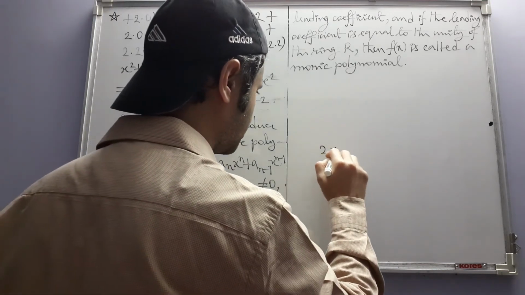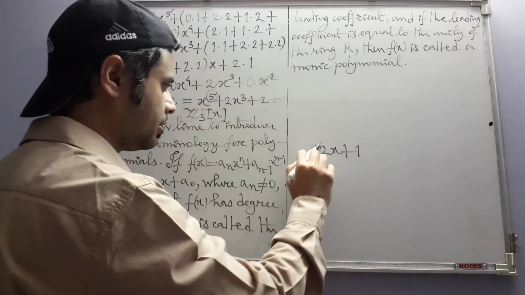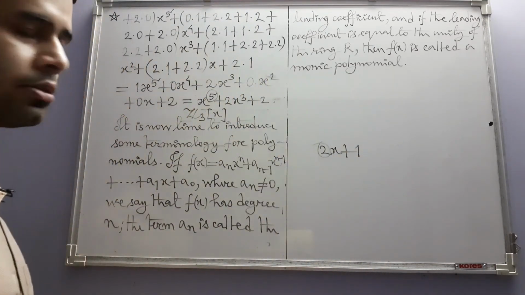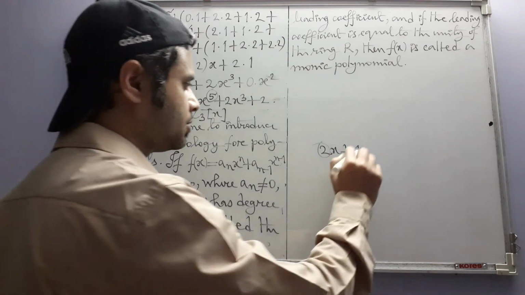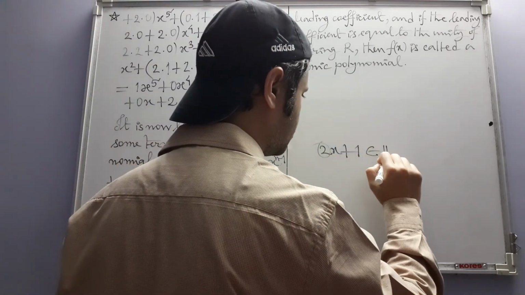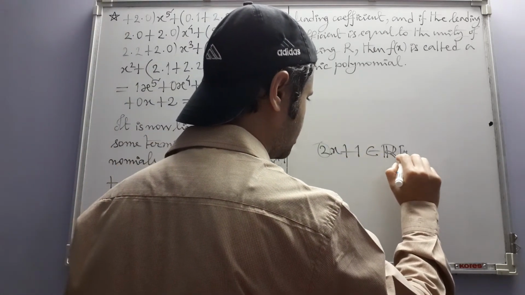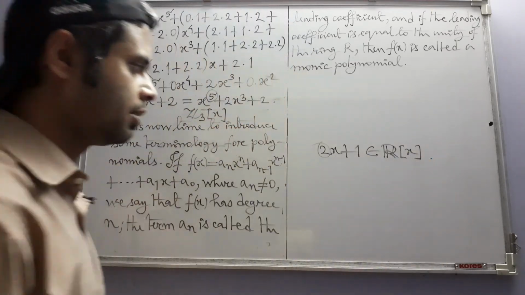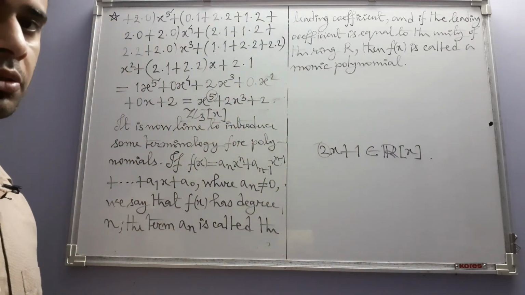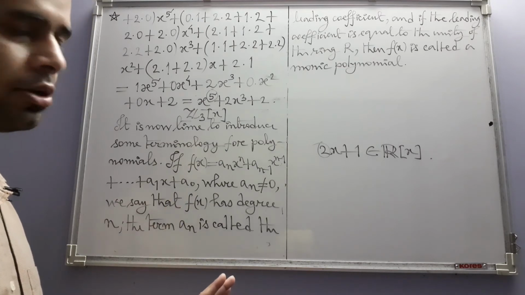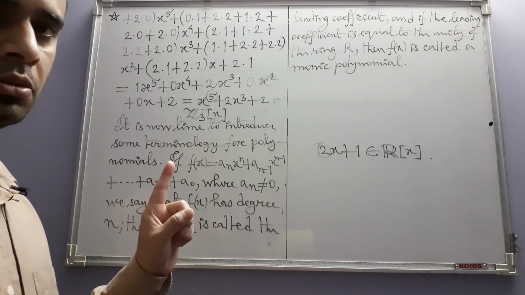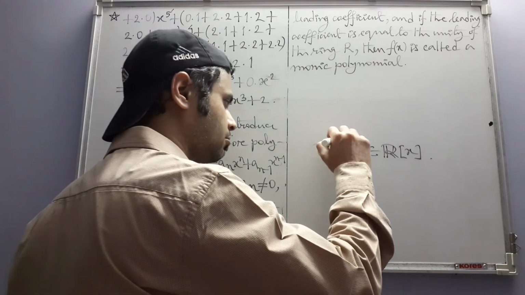This is not a monic polynomial. Here the leading coefficient 2 is not equal to the unit element. For example, you can think of it as a polynomial over the field of real numbers. This is not a monic polynomial, and its degree is 1.